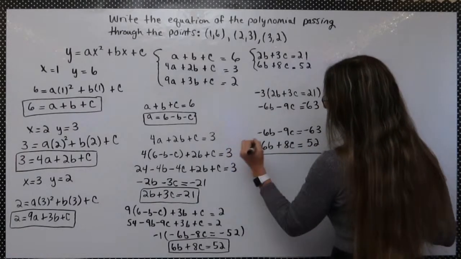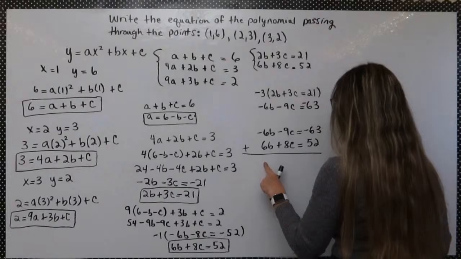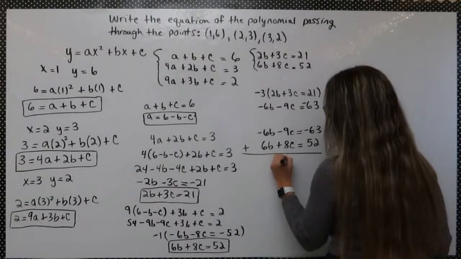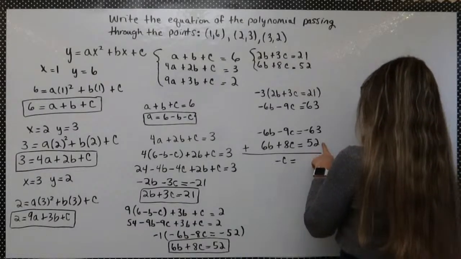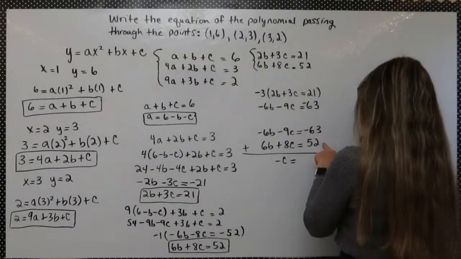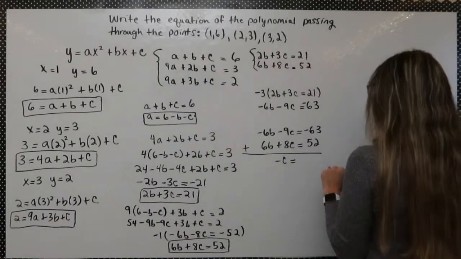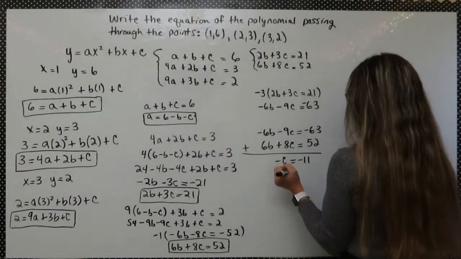And we'll just add those together. 6 and 6 is 0. Negative 9 and positive 8, that's negative c. And then 63 and 52, that's negative 11.